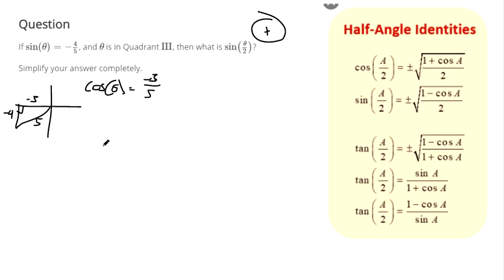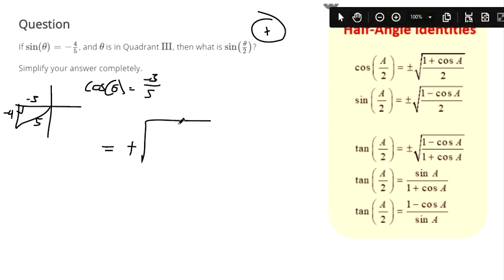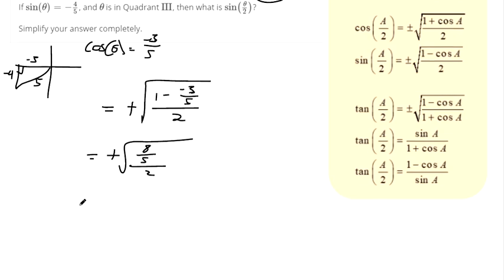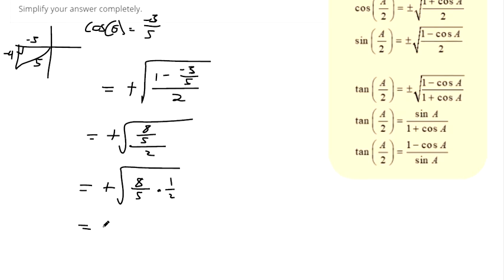And so we plug that into the formula using positive, because we said our final answer is going to be positive at the beginning. It's the square root of (1 minus cosine of theta) over 2, using this formula right here. And to simplify, that's 5 over 5 plus 3 over 5, so it's going to be 8 over 5 in the top. Still simplifying, that's 8 over 5 divided by 2, which is the same thing as multiplying by 1/2.